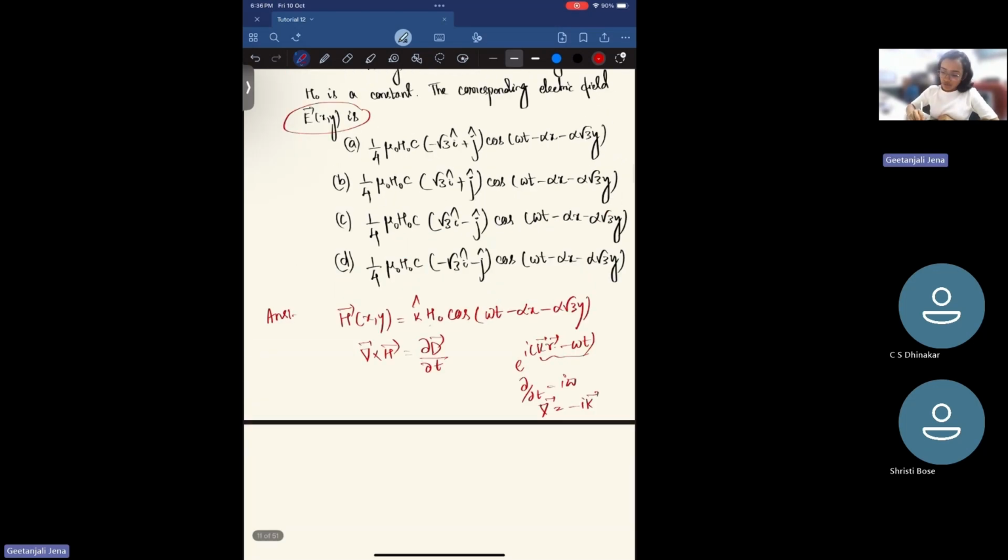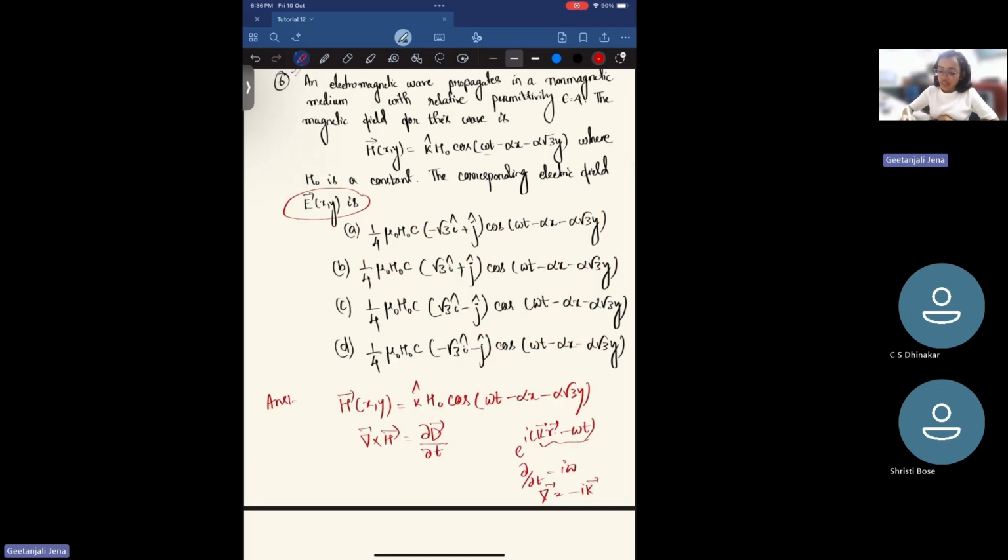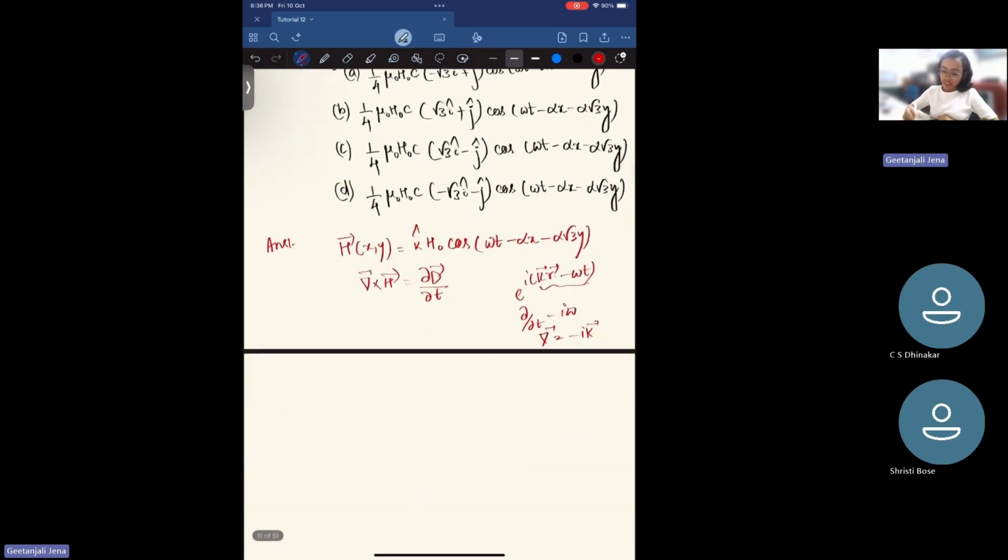For this case, you can see this is omega t minus kx. But the relation won't change. Only the one negative sign will go from the left side to the right side. So this doesn't matter actually. If you take either type of relation, the final relation will be the same.